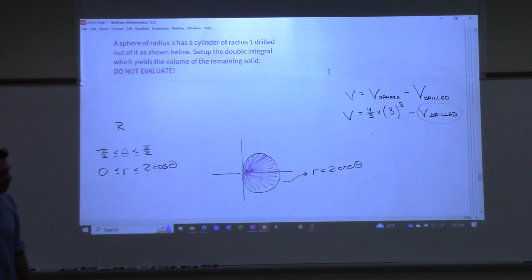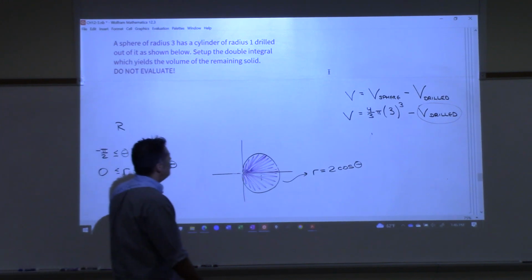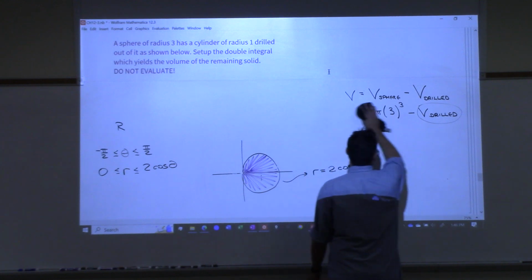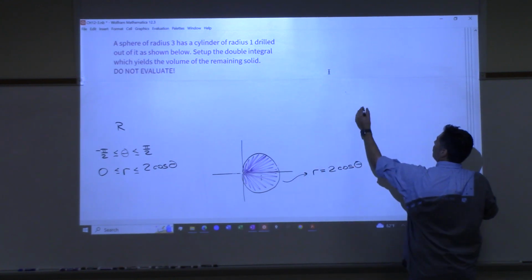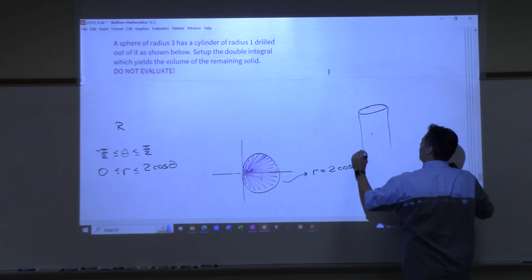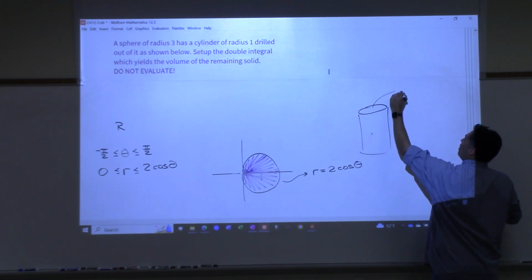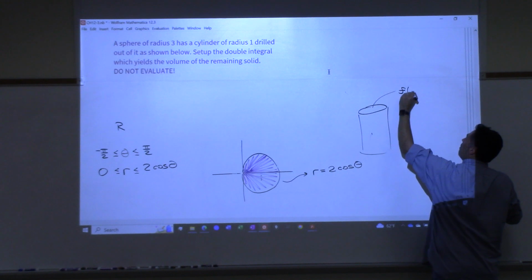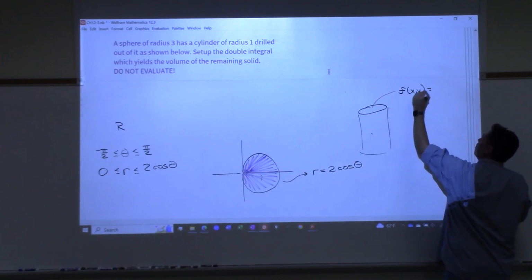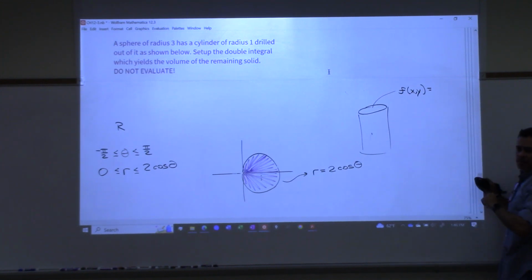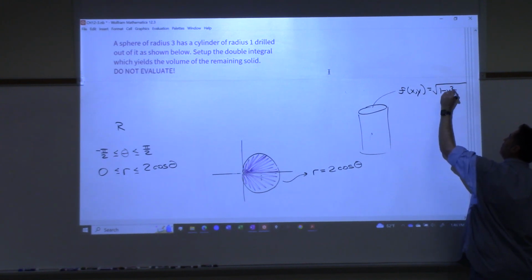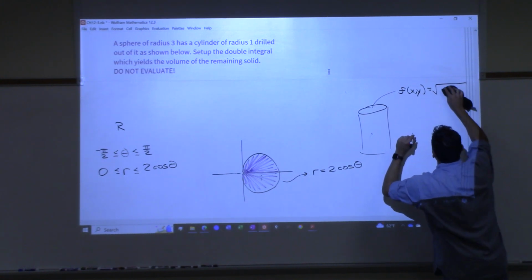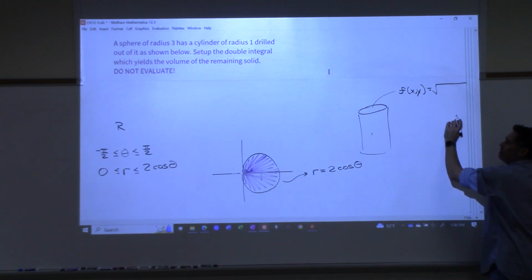So now we set up the double integral. Well, we haven't gotten our top surface and bottom surface. So what was on our picture, this top surface was our f of xy, which was the sphere of radius 1, which we could solve for z and get that same thing we had earlier. Oh wait, no, what is our radius? Sorry. Radius is 3.